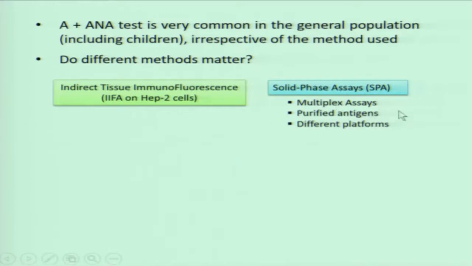Now, the newcomers, for quite a few years, are the solid phase assays. And here there are many different assays, and it depends on which purified antigens you put in these different assays. There are many different platforms. I'll show you some of them, including the ones we use here, and we will discuss that.